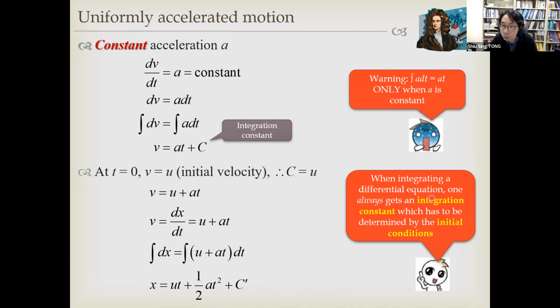The initial conditions are inserted through the integration constant. So don't forget the integration constant. Otherwise, there's no way for you to specify the initial information of the motion.